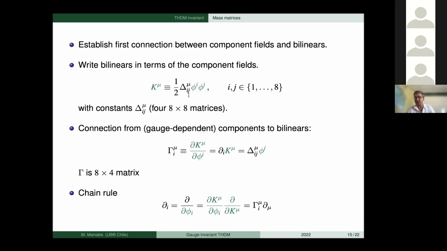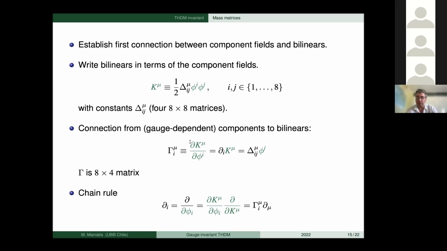And so for every bilinear, we get a constant here, and every constant here is an 8 by 8 matrix. We have expanded the bilinears in terms of the component fields. We can explicitly do that. I can show you that, but there are too many technical details. And so we can expand them like that.